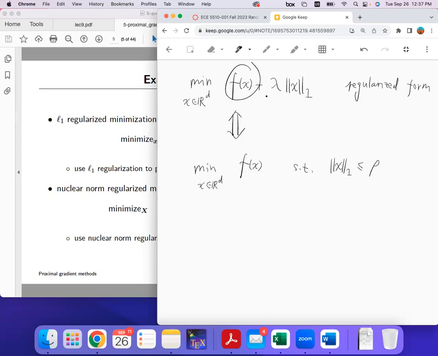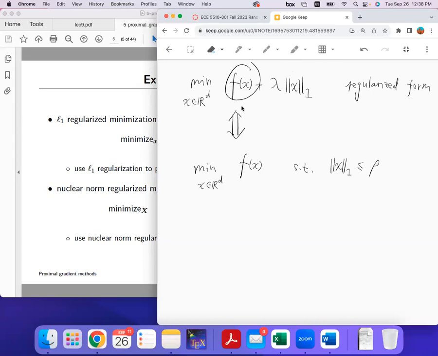So this problem can be equivalently understood as the following constraint form. Basically, we are minimizing this objective function. Now I'm going to write this regularization as a constraint, subject to the constraint that the L1 norm of x is less than or equal to some positive number.